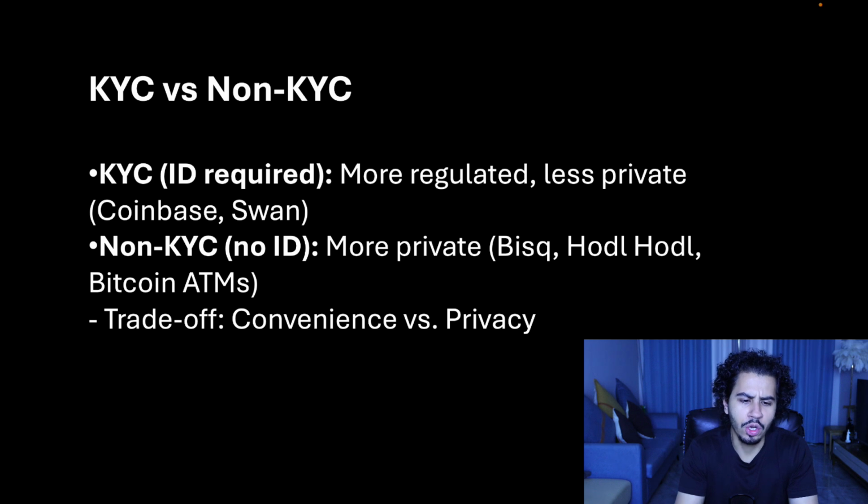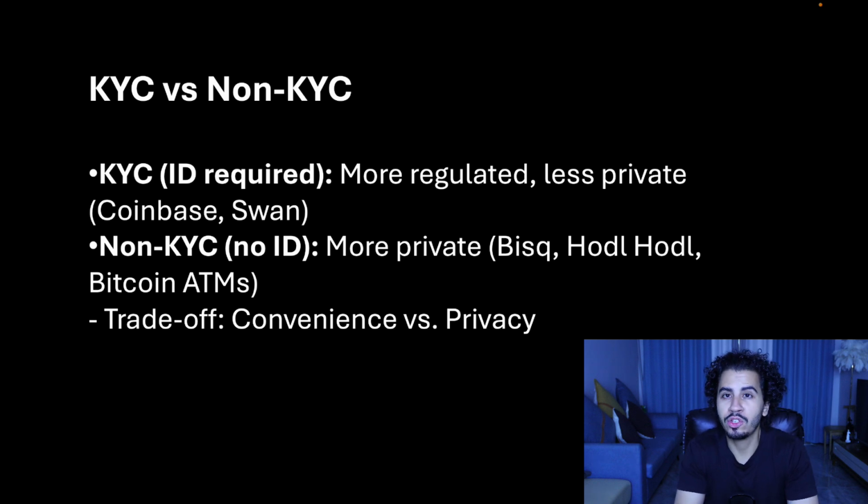So here's what you need to know: KYC versus non-KYC. KYC basically means know your customer. KYC means ID required, more regulated, less private. Coinbase, Swan, also Binance. When you try to create an account on one of these platforms, you have to provide your ID, your name, ID card or passport, and of course your face and everything.